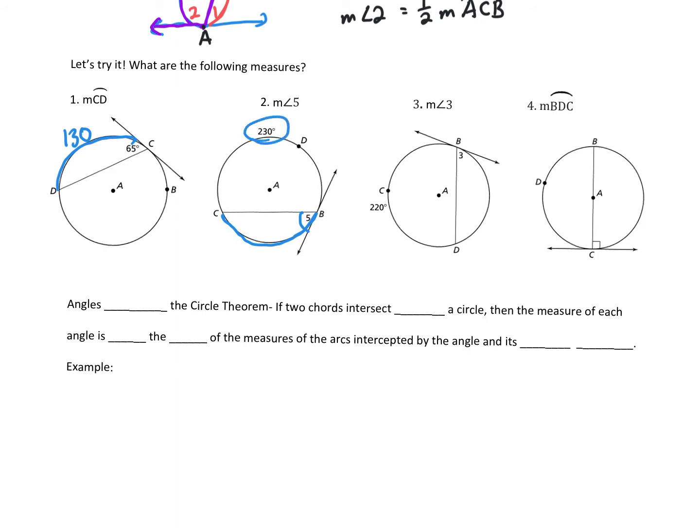The entire circle is 360 degrees. Or we can say, if that's 230, the angle next to angle 5 has to be half of 230, which is 115. To find angle 5, we take 180 minus 115, which is 65.